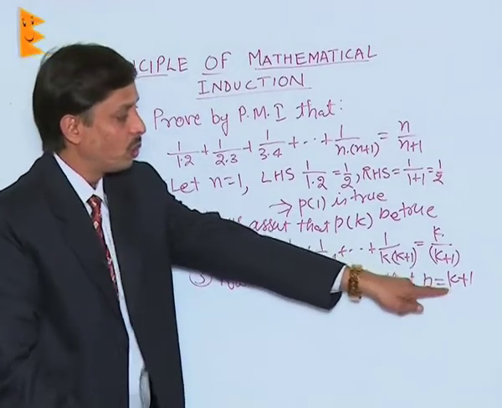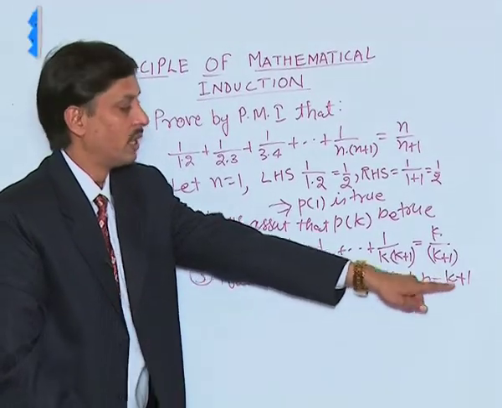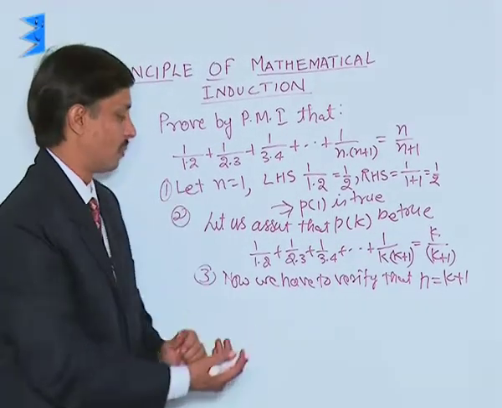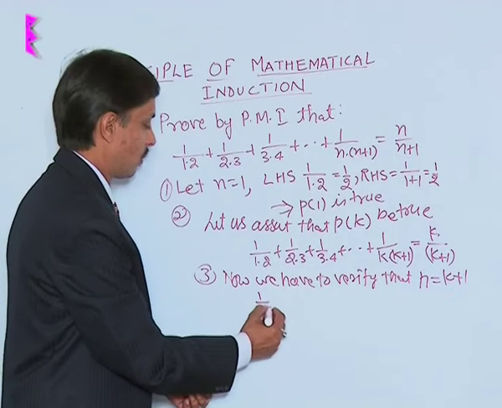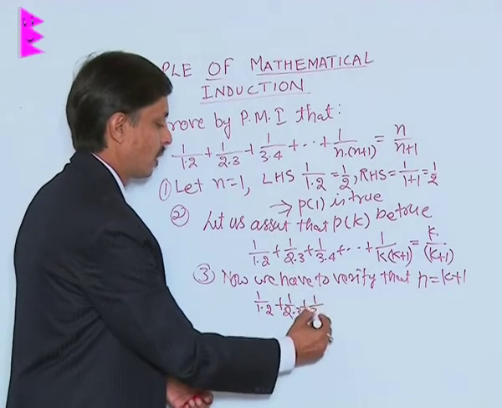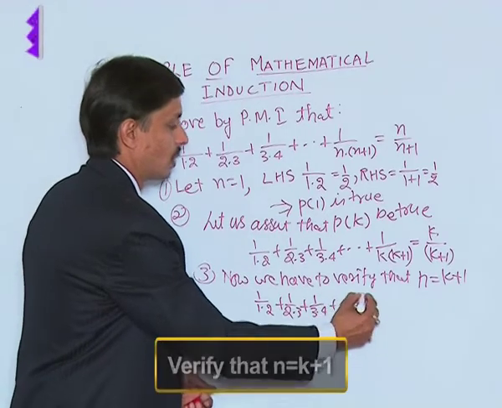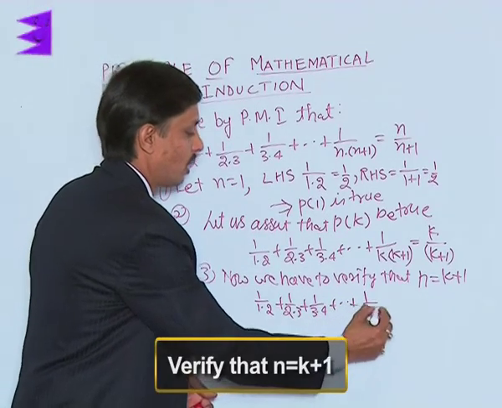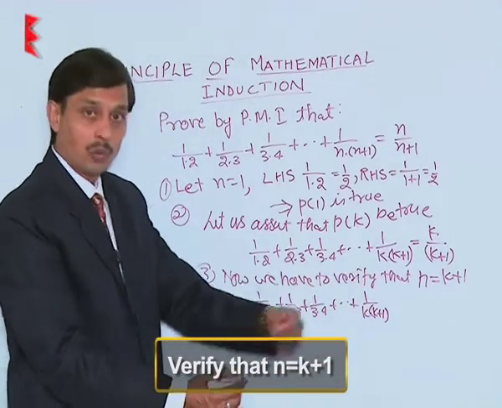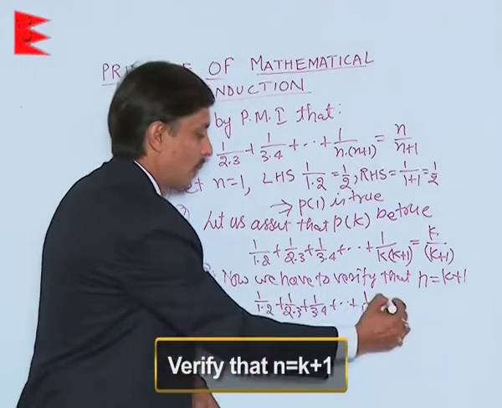In order to reach the result for n equals k plus 1, we have to take the result till step number k. This becomes 1 upon 1 into 2, 1 upon 2 into 3, 1 upon 3 into 4 plus dot dot dot 1 upon k into k plus 1. This is the value till the step k. We have to move one step further.